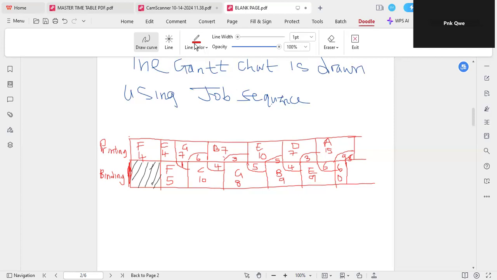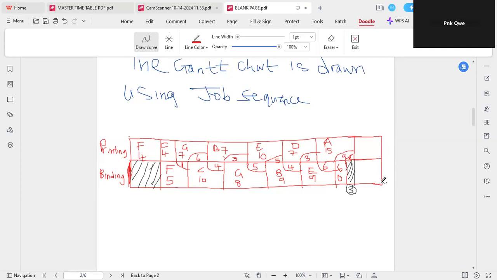Now they should wait because they haven't finished A. So it's taking this idle time of 3 that these guys in binding should wait for A. They have 3 hours to wait for A.